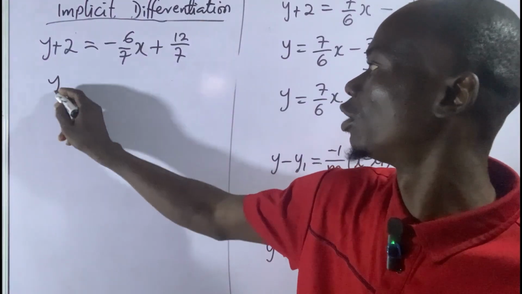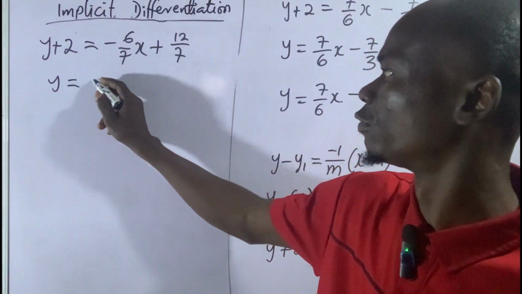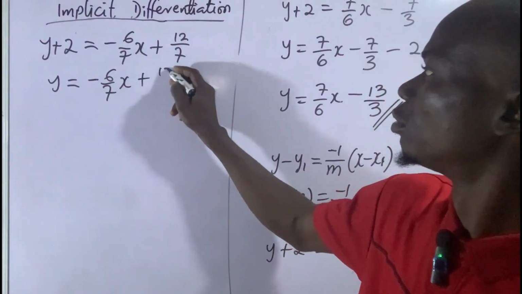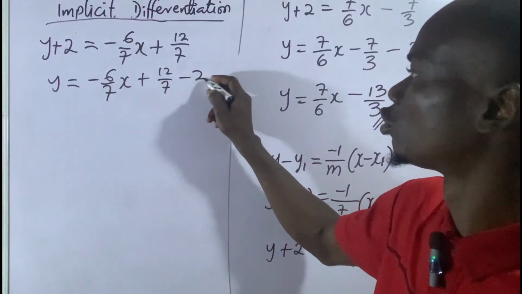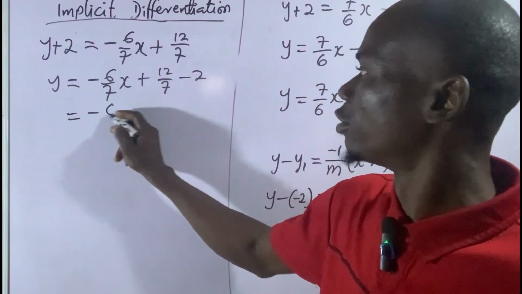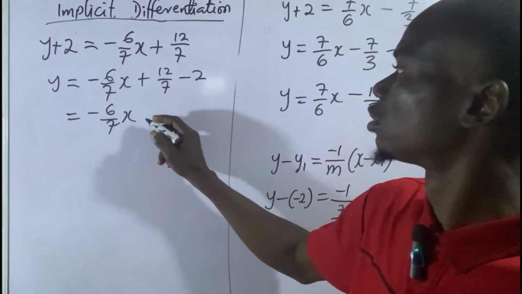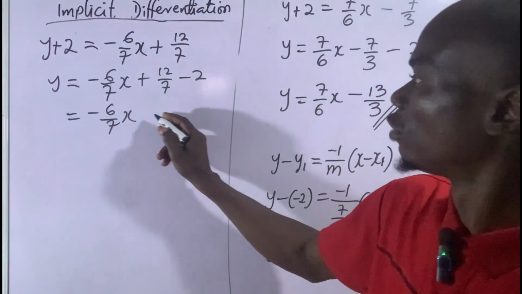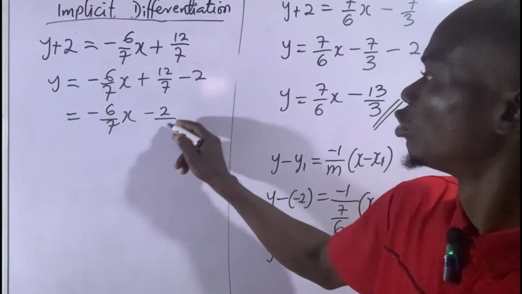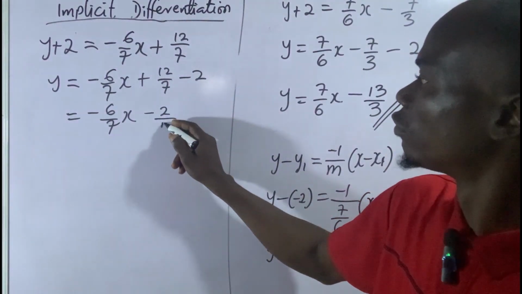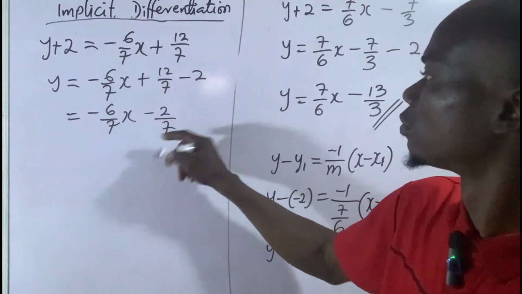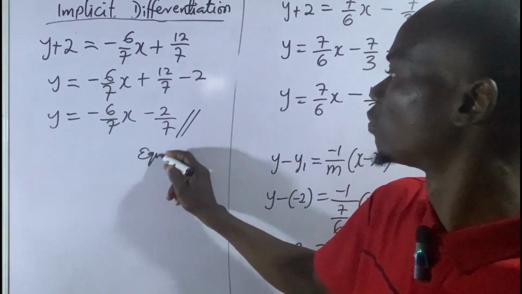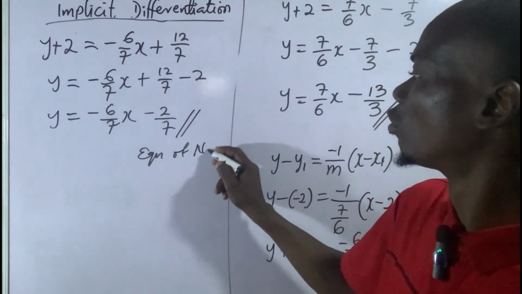Collect like terms, we have y equals, or rather make y the subject of the formula, minus 6 over 7x plus 12 over 7 minus 2. So this is minus 6 over 7x. When you subtract 2, this is 14, that will give you minus 2 over 7. So this is the equation of normal to the curve.